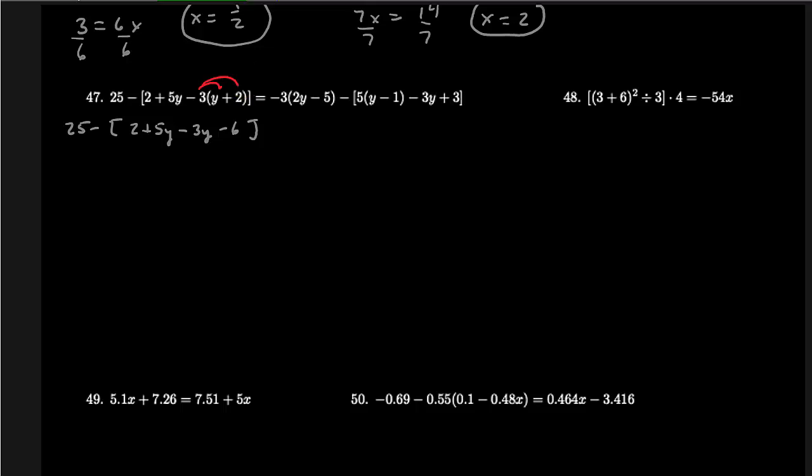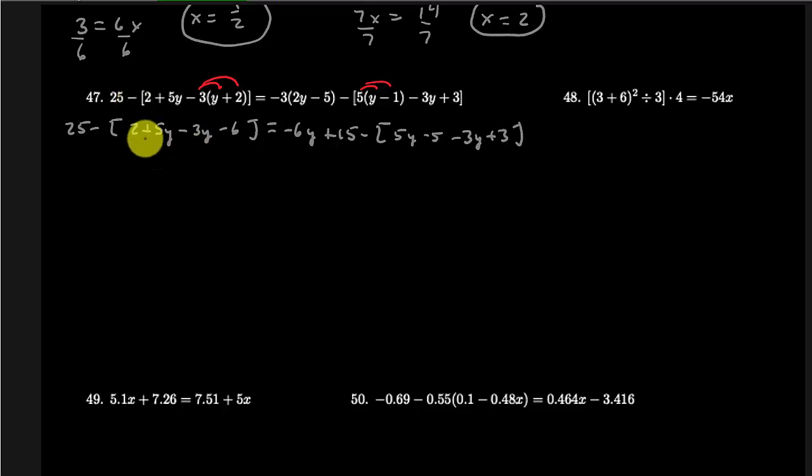And then we've got equals negative 6y plus 15. And then I'm going to clear the parentheses in here, this and this. So that's going to be minus, and that's going to be 5y minus 5 minus 3y plus 3. I just distributed that 5. I haven't done anything with that minus or this minus in front here.